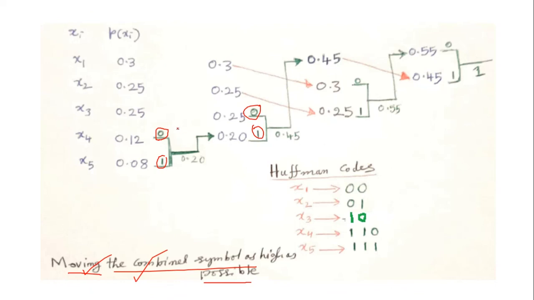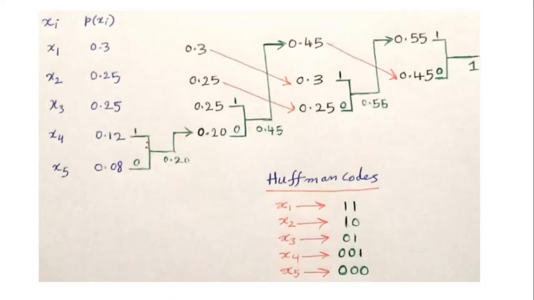If we assign 1 to upper branch, 0 to lower branch, and so on, we get codes like this: 1 1, this 0 1 will become 1 0, 1 0 will become 0 1, this code will become 0 0 1, this will become 0 0 0. If we assign 0 to upper branch and 1 to lower branch, we get the Huffman codes like this.